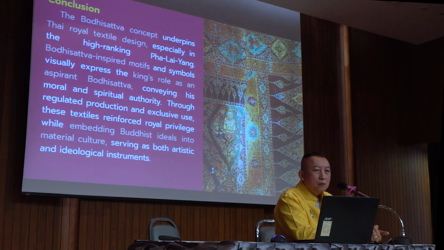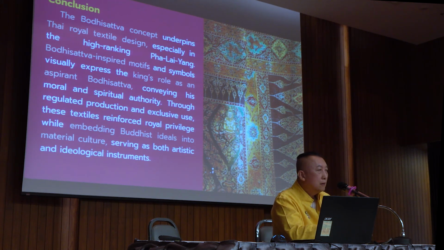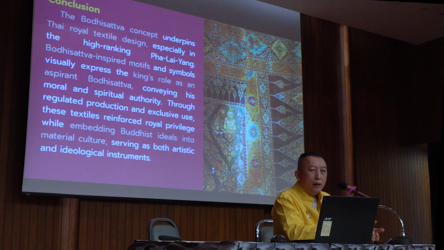So, in conclusion, the Bodhisattva concept underpins Thai royal textile design, especially the high-ranking Pha Yang. Bodhisattva-inspired motifs and symbols visually express the king's role as an aspirant Bodhisattva, conveying his moral and spiritual authority.